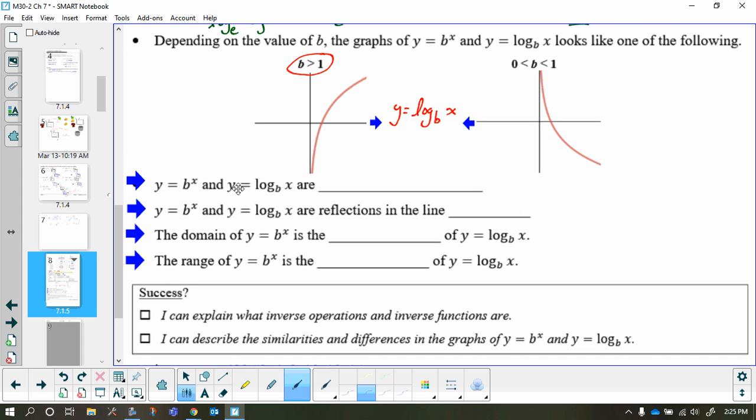Y equals b to the x and y equals log base b of x are inverses. Inverses are reflections in the diagonal line y equals x. So y equals x is a diagonal line that goes across here.